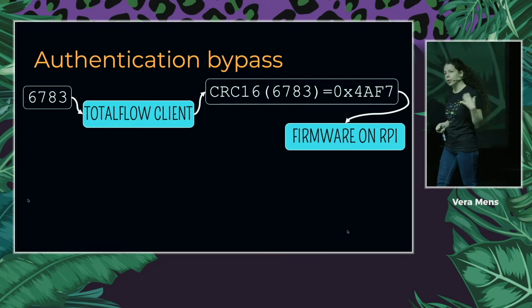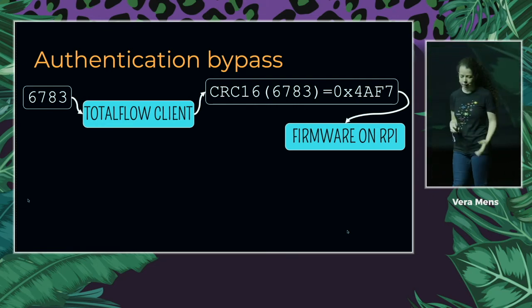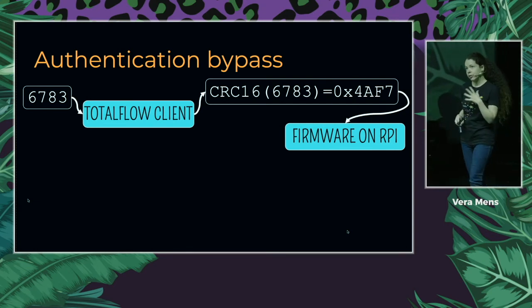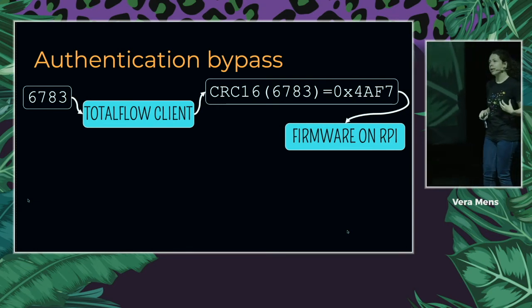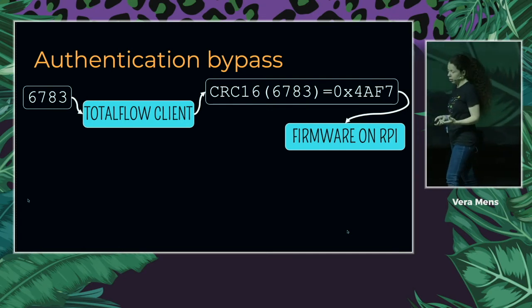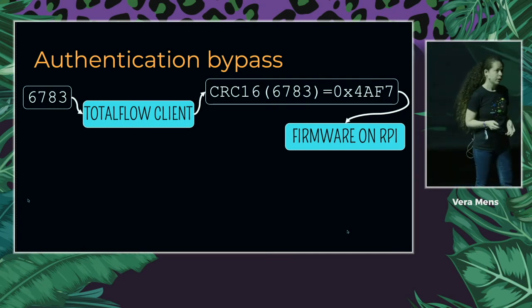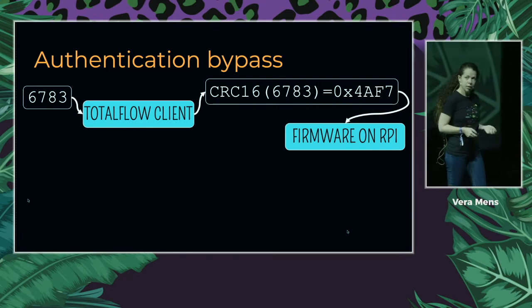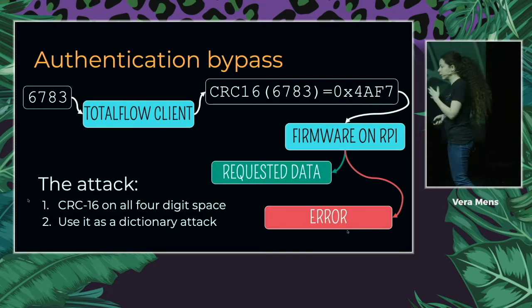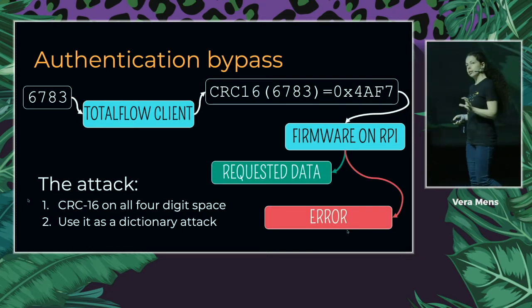The client will perform the CRC16 and send it to the server, to our Raspberry Pi. The Raspberry Pi will check the CRC code. If it's the one it expects, the correct one, it will receive the payload, and in other case, it will send an error. So we have a pretty good indication if our passcode is the correct one.